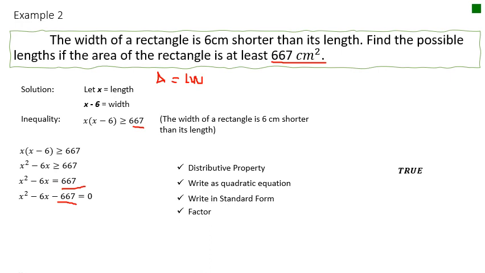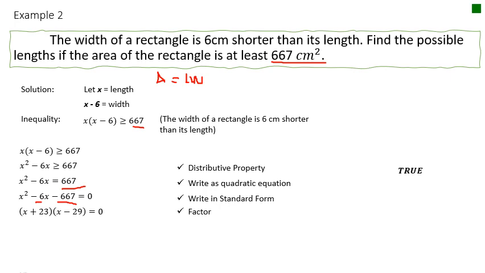Then factor. Again, kung nahihirapan mag-factor, pwede kayong gumamit ng iba pang method, like nung aking mga naituro sa inyo. So, ang factor natin, x plus 23, x minus 29, because 23 times negative 29 will give you negative 667, and 23 plus negative 29 will give you negative 6.